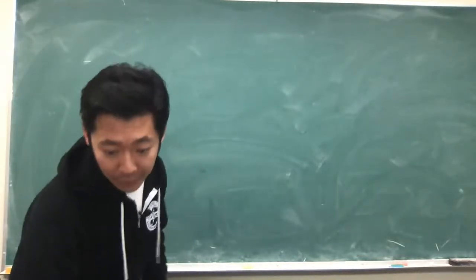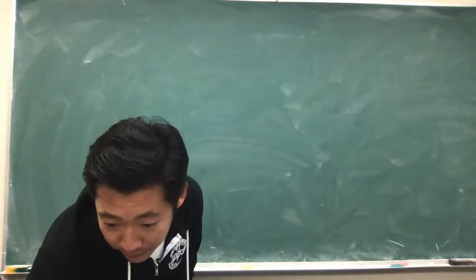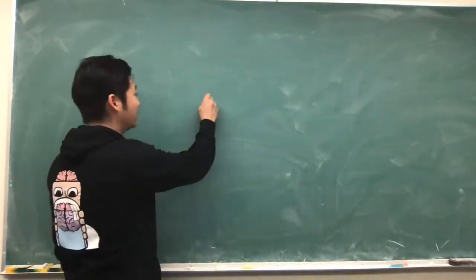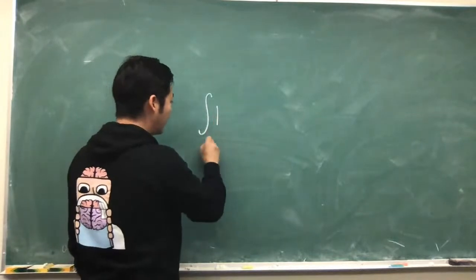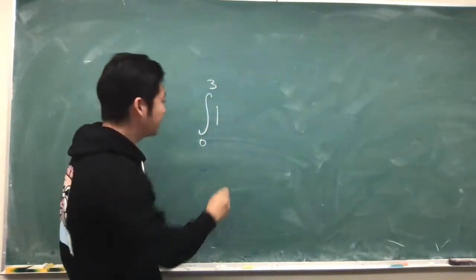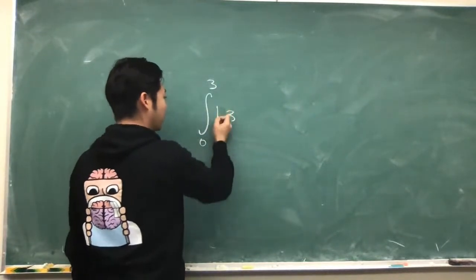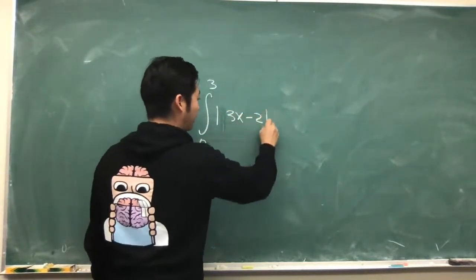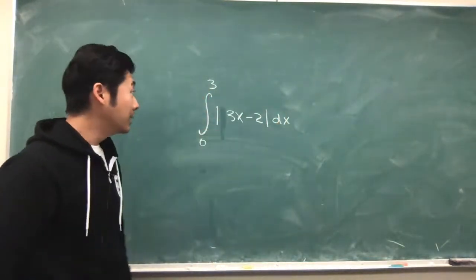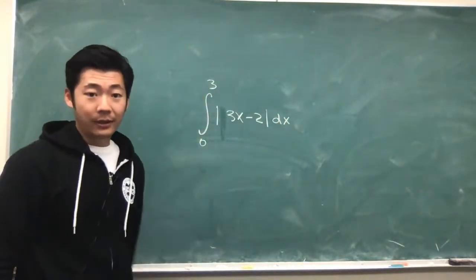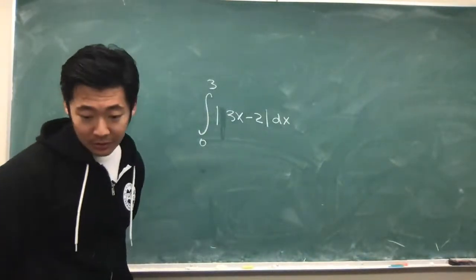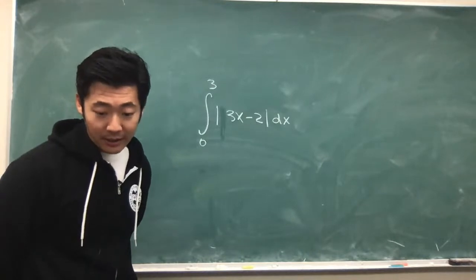Anyways, one question that I wanted to cover is how to compute the integral of something like this. I don't think we really talked about this in class, but if we have an absolute value, then for WebWorks, you're supposed to interpret this as the area.